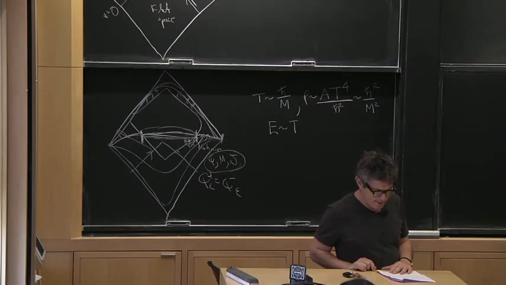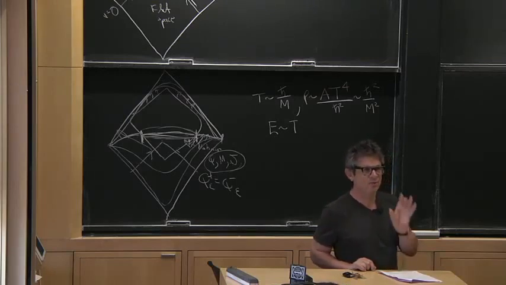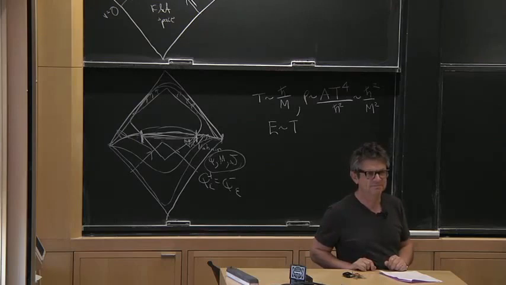So I want you to look at that and tell me what the typical time would be for the first, how long you have to wait to see one Hawking quantum. I'll give you a minute.